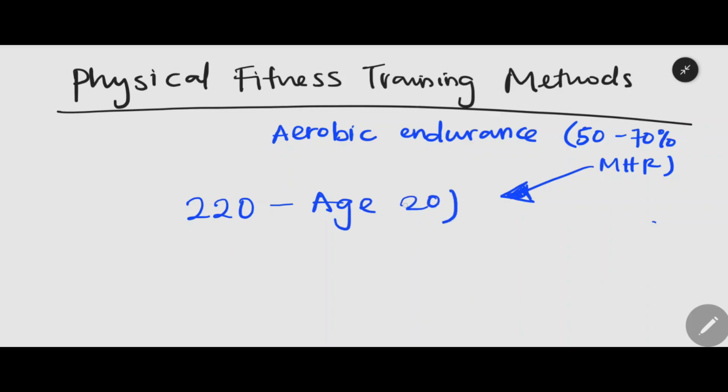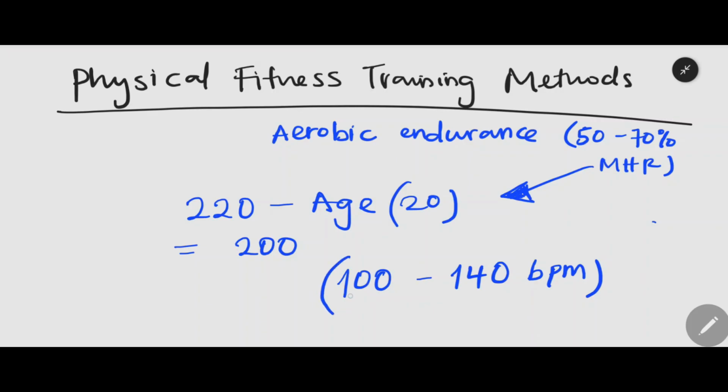So if you're 20 years old, your max heart rate will be 220 minus 20, which is 200. 50% of 200 is 100, and 70% of 200 is 140. So 50 to 70% basically means 100 to 140 beats per minute is the range we want to be looking at for aerobic endurance.